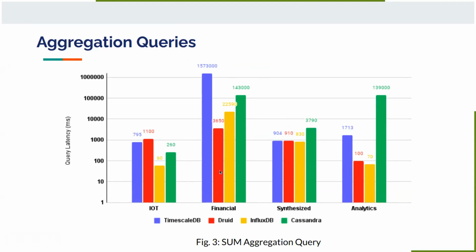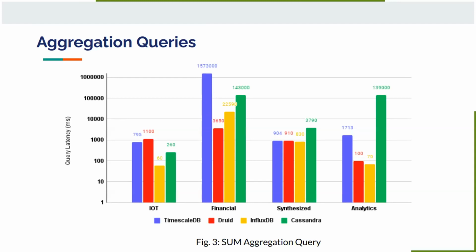The reason is that the financial data set is very big, and as I have said, Druid compresses it well, so it takes less time to query the data. And the interesting thing to notice here is TimescaleDB takes a lot of time, even higher than Cassandra. The reason, as I have said, is TimescaleDB completely depends on Postgres.